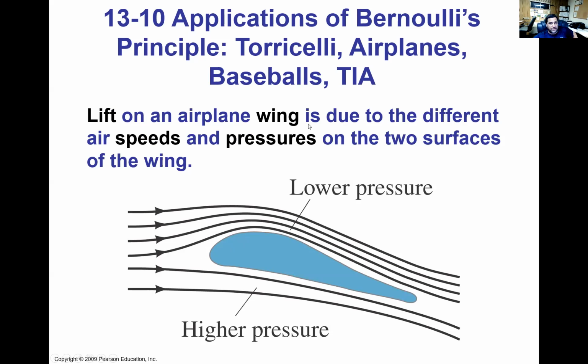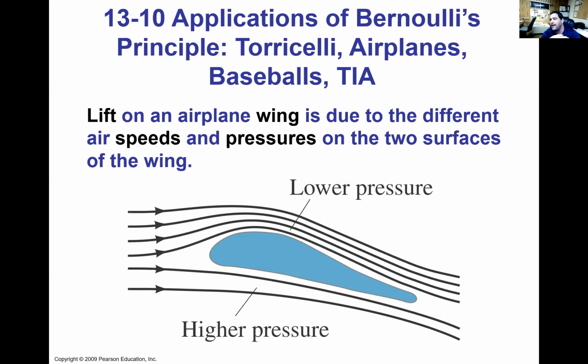So higher velocity, lower pressure. It's due to the different airspeeds and pressures on these two surfaces. Going under it, it's a shorter distance, slower speed, higher pressure. If you have lower pressure on the top, higher pressure on the bottom, you generate something called lift. So the airplane essentially flies.